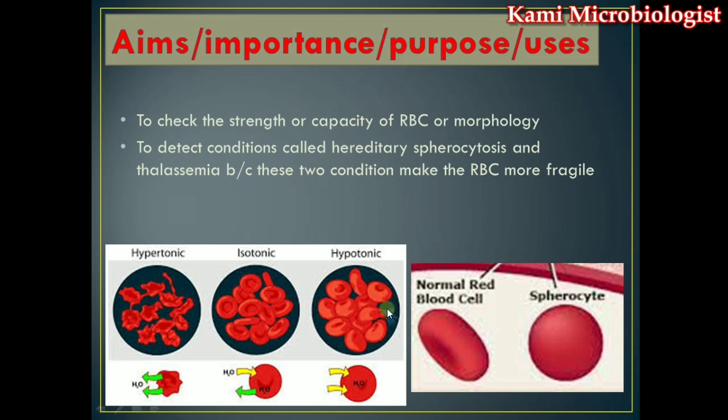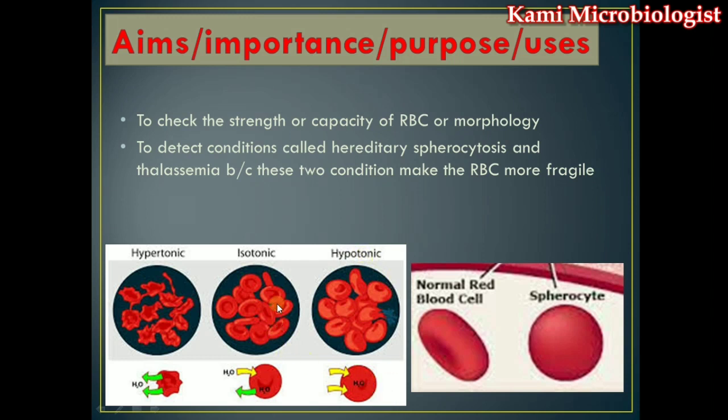So the molecules will pass from the external environment to the inside of the RBC, and when they pass from outside into the RBC, the RBC will swell up and a stage will come at which the RBC will burst. This mostly occurs in case of the hypotonic solution.